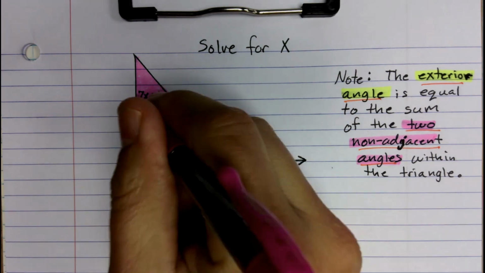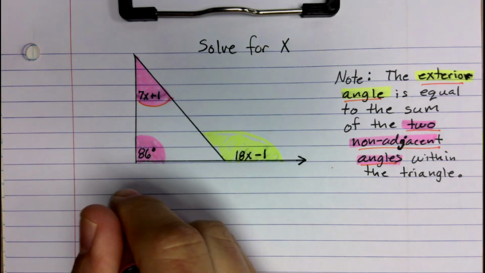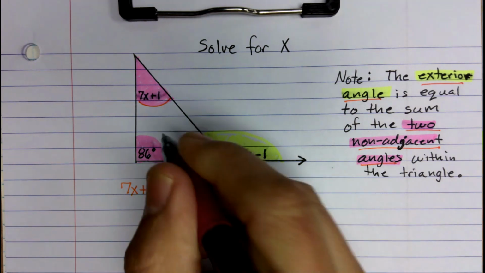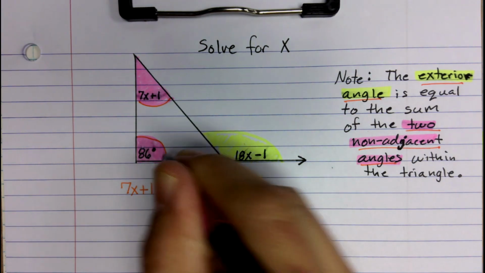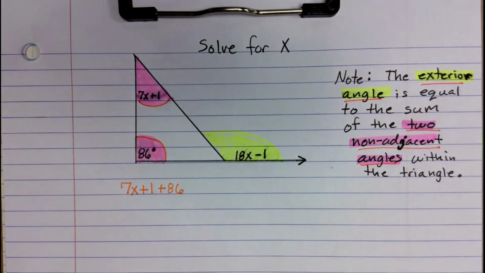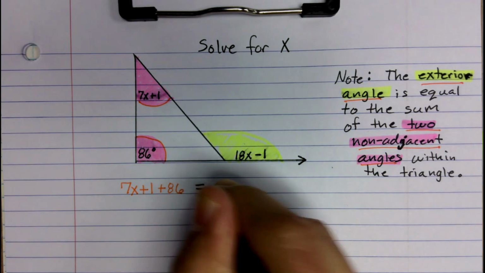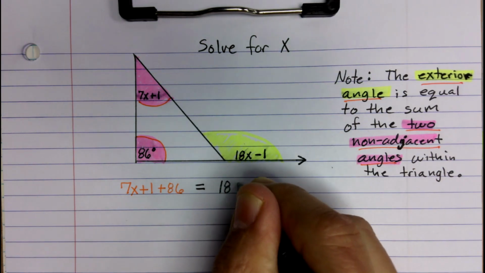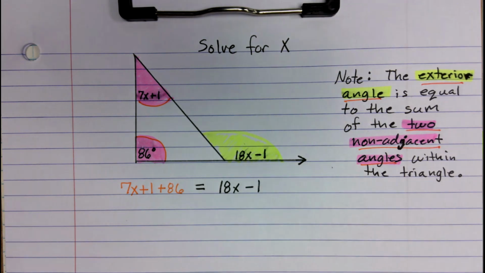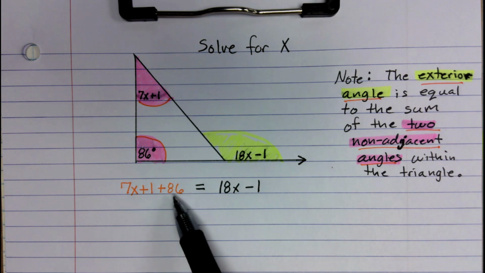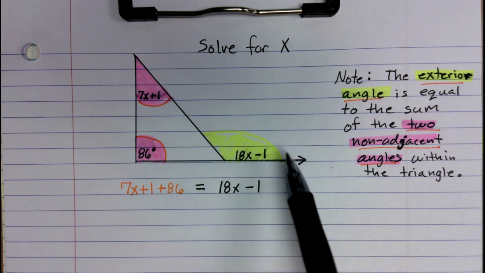I'm going to start with this top one right here, I have 7x plus 1, and then the angle at the bottom is 86, so plus 86, and I'm going to set this equal to this exterior angle out here, 18x minus 1.